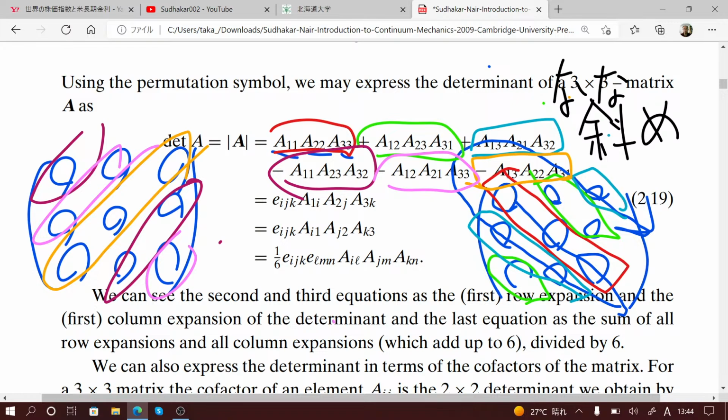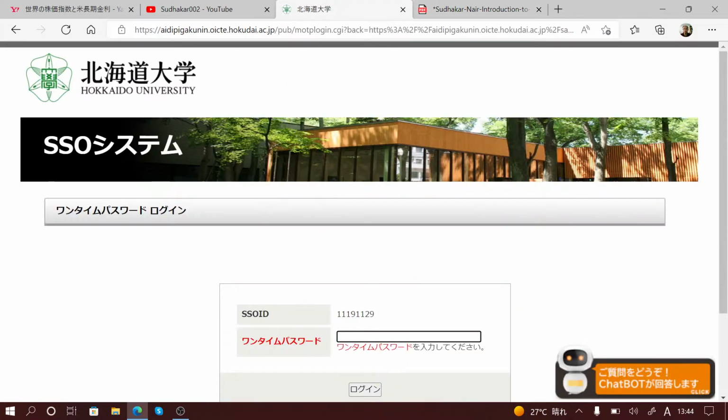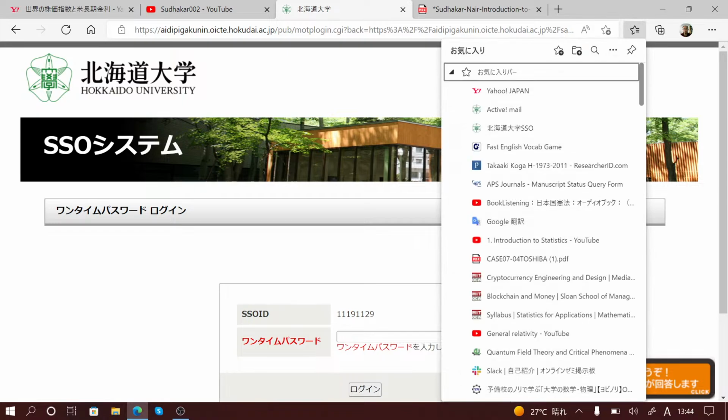Naname is this. This is naname. This or this is naname. So, I don't know how to say this in English.